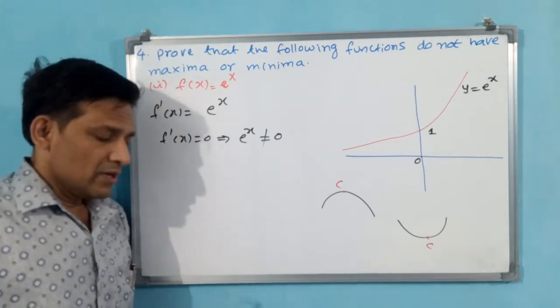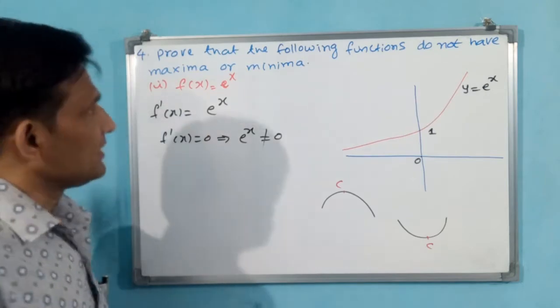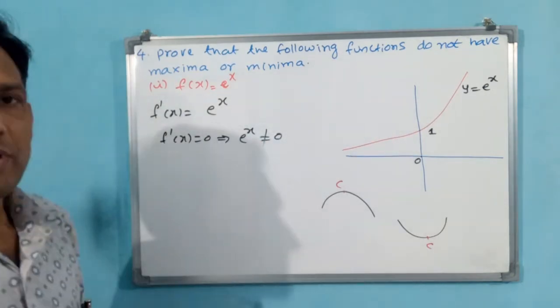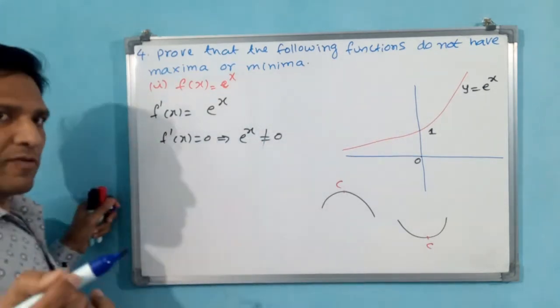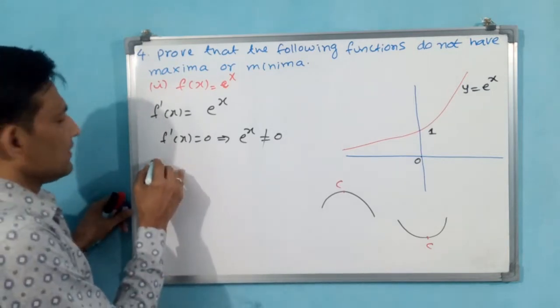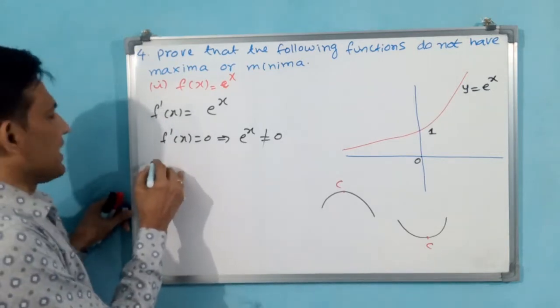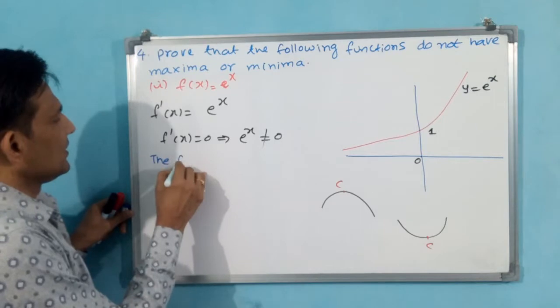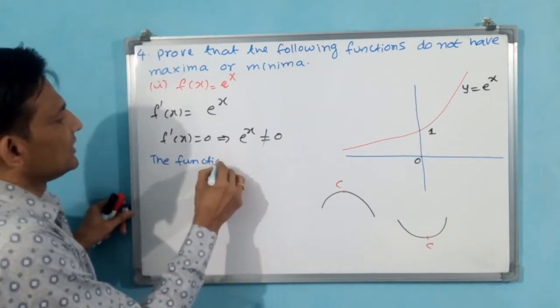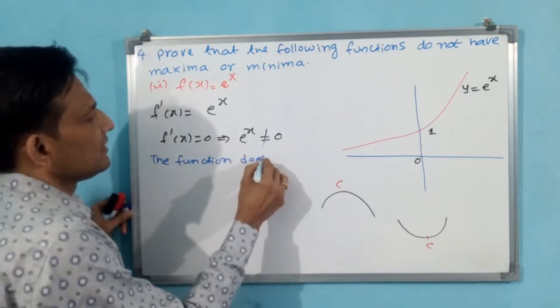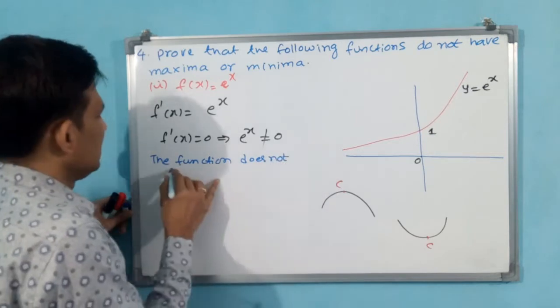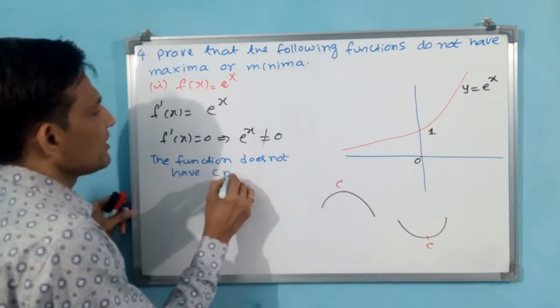That is why, to prove that maxima or minima do not exist, you write one line first: the function does not have critical points.